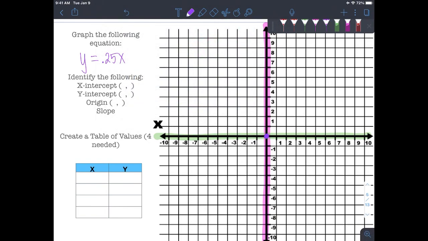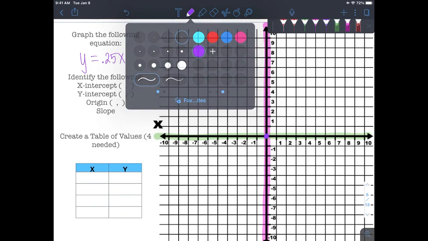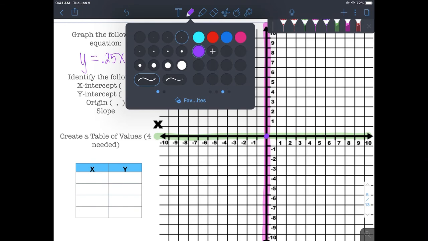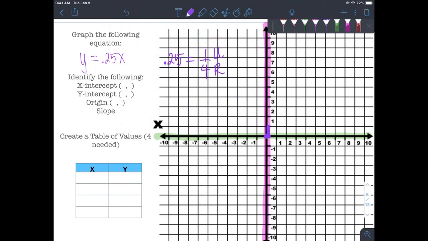So I plot it here on my y-axis, the pink line at 0. My slope is written currently as a decimal. If I change it to a fraction, which I can also use my calculator, it'd be 1/4. 1 up, 4 to the right. So let's try that.